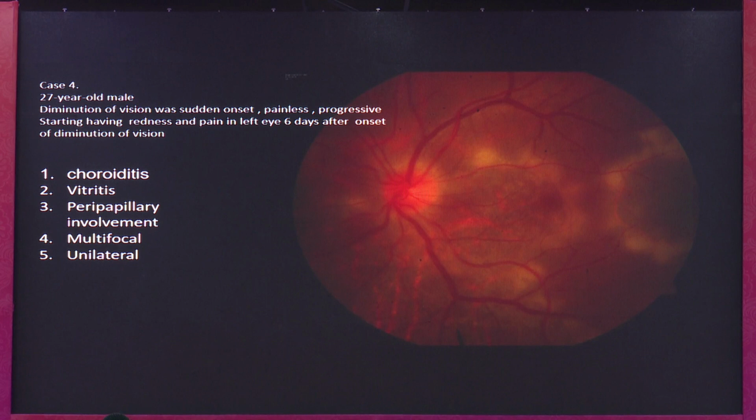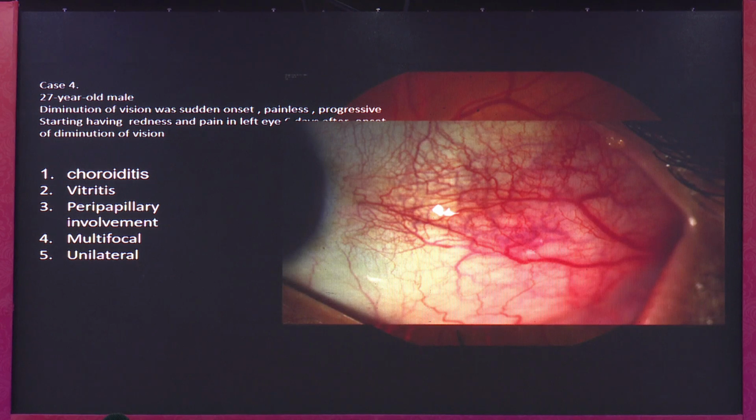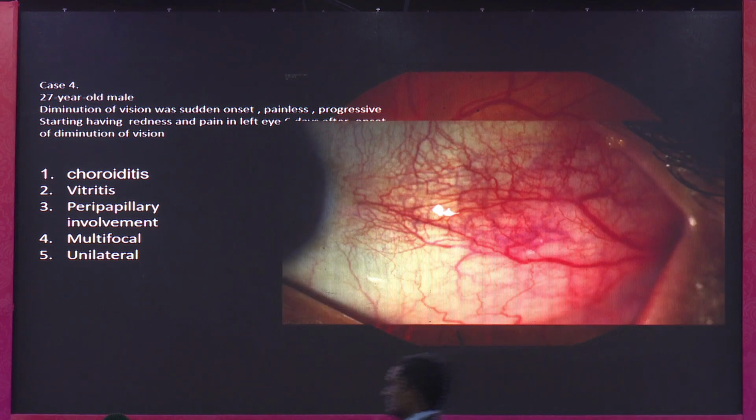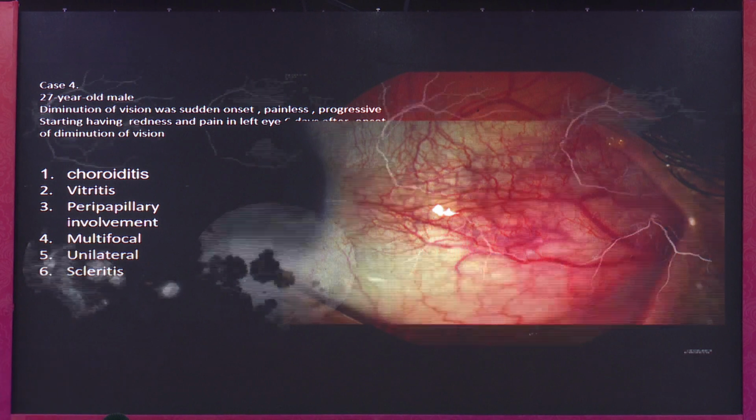There may not be overlying vitritis, but if it is present, this is also important. The patient also has scleritis. Now, which condition will produce this kind of serpiginous-like choroiditis and scleritis? It's actually only TB. So, get investigated just for tuberculosis.